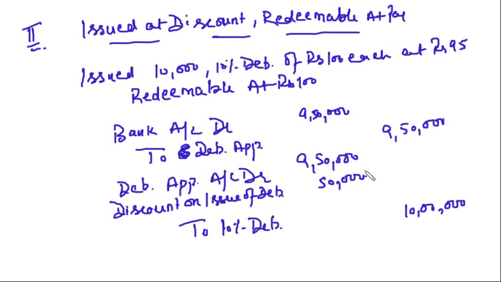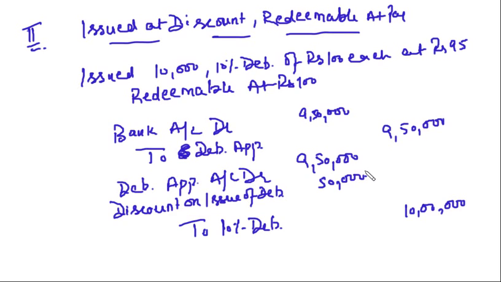Now what is happening? You are receiving 95 rupees. You are giving a discount of 5 rupees to the people. You are getting 95, but you are paying 100 rupees. You will say it is a loss. Discount on issue of debentures is a loss. Yes, it is a loss, friends. But your debentures are standing at 10 lakh rupees only.